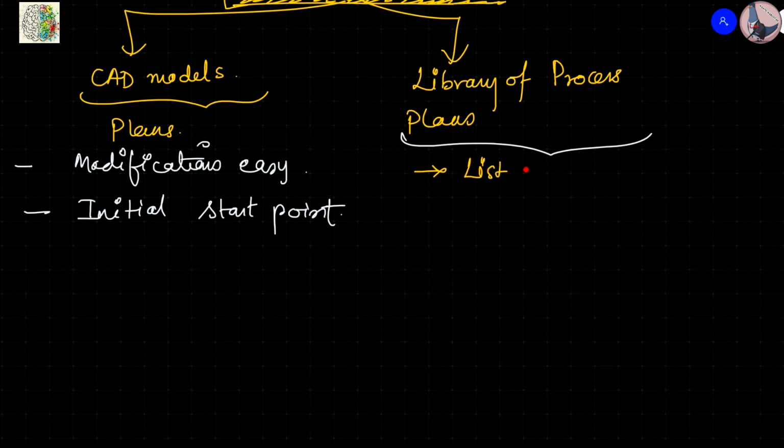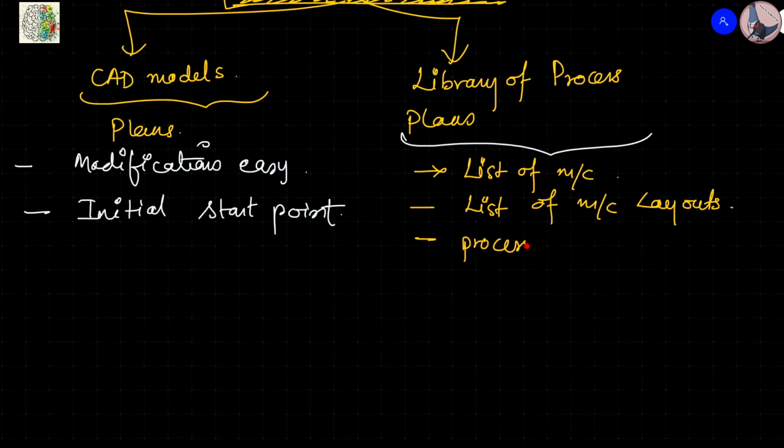It had a list of machines which were used, a list of machine layouts, and then all the process plans for each machine. Suppose to make a component, you need one milling machine or two milling machines, one shaper, drilling.